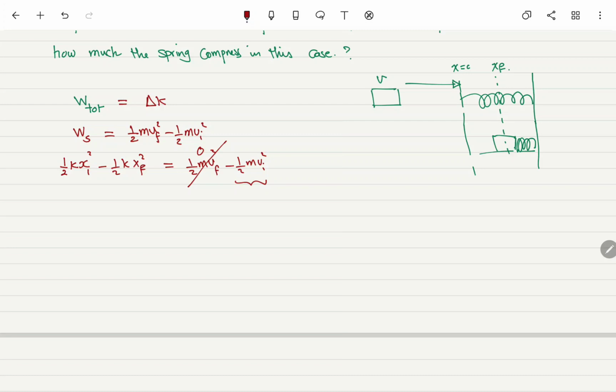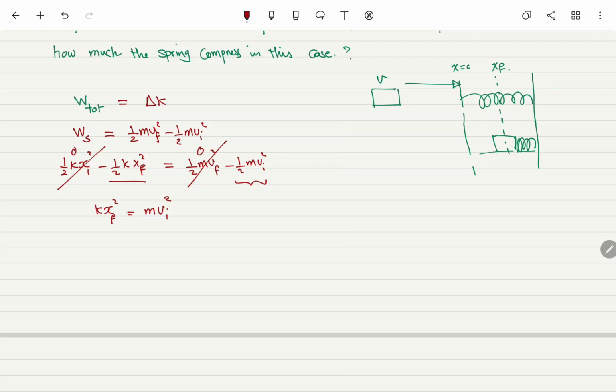The elastic potential energy of the spring when it's in a relaxed position is equal to zero, and the elastic potential energy of the spring at maximum compression is equal to this one here. You just simplify the equation. Minus with minus goes out and half with half, in this case k x square final equals m v initial square.